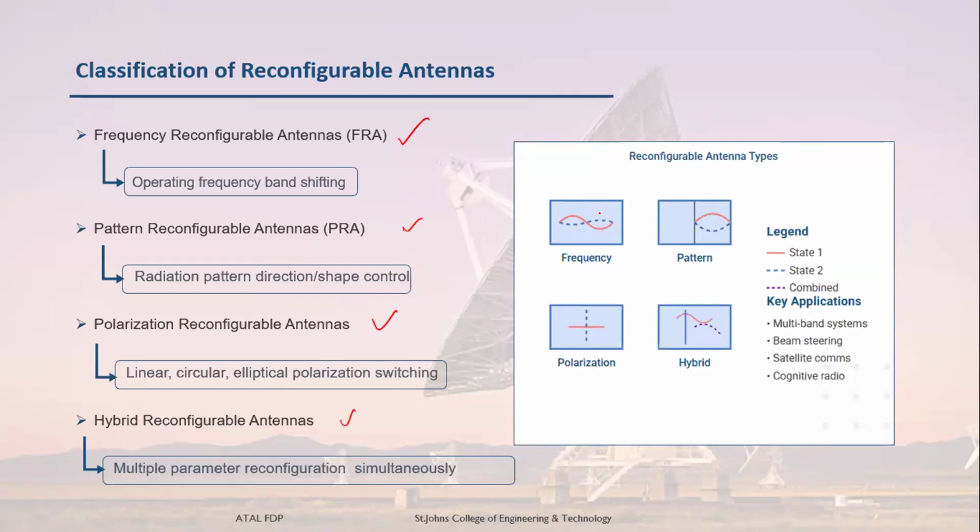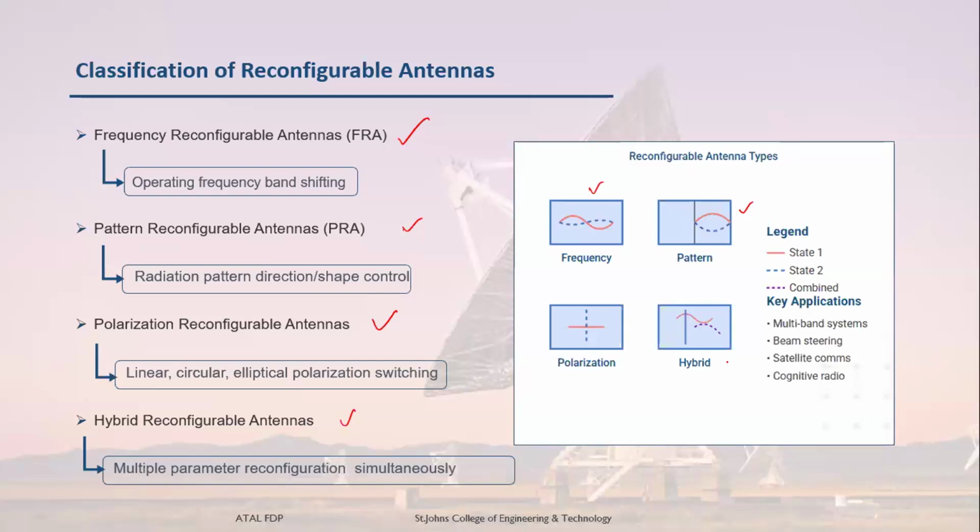This is the way I represent frequency reconfigurability. This is the symbol generally I use for representing pattern reconfigurability. This is not standard, but in this presentation, I use this notation when I am reconfiguring the polarization.